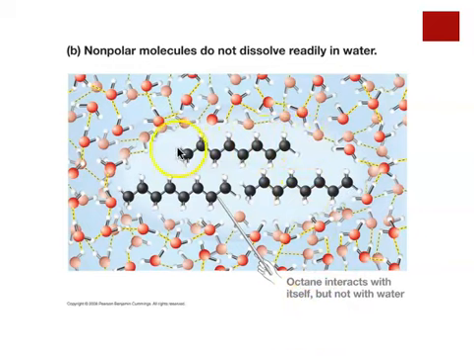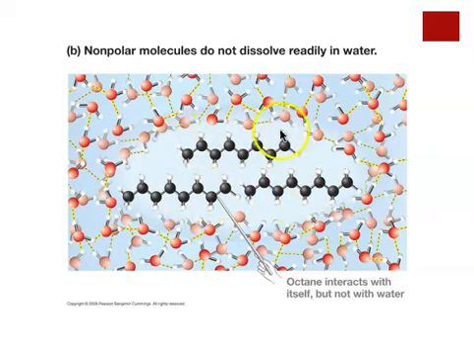Just understand that because carbon and hydrogen have the same electronegativity, when they form covalent bonds with each other, they share the pair of electrons equally between them, symmetrically. They are non-polar covalent bonds, in other words.